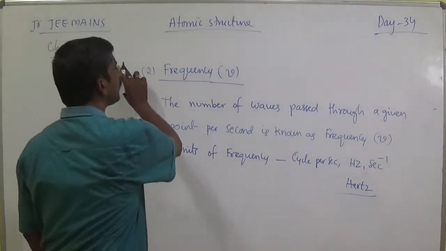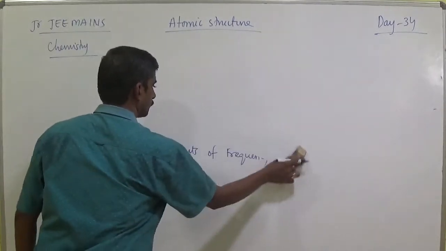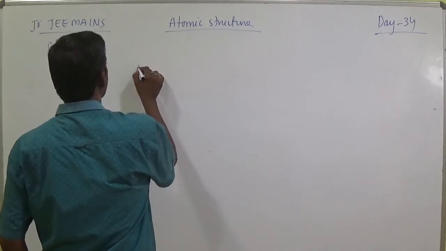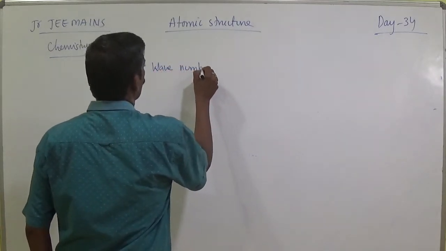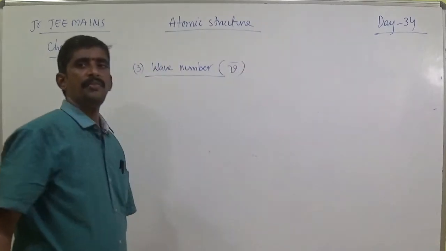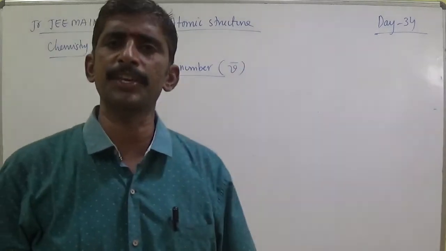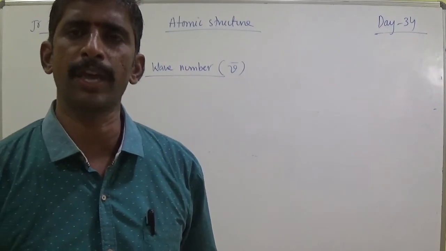Okay, and the third one is wave number. Its symbol is nu bar. The reciprocal of wavelength is known as wave number.